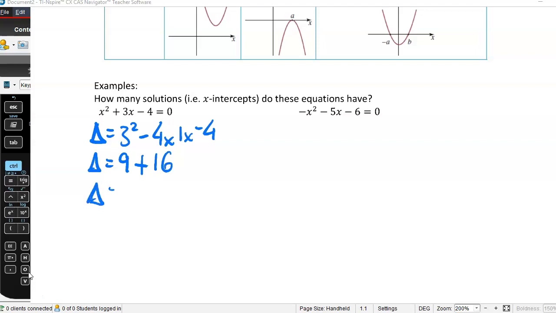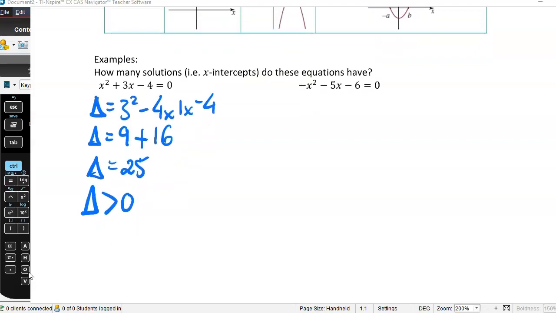So the discriminant is equal to 25. That's a perfect square, and greater than 0. Therefore there are two rational solutions.